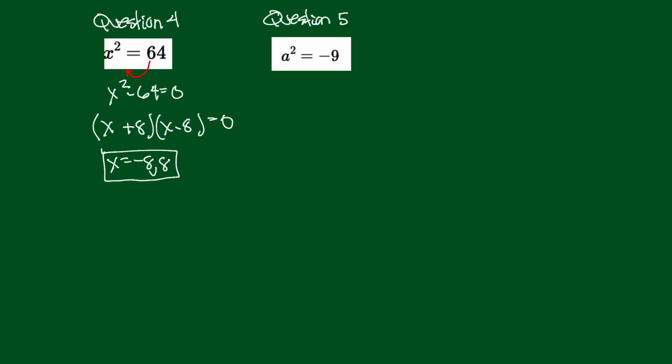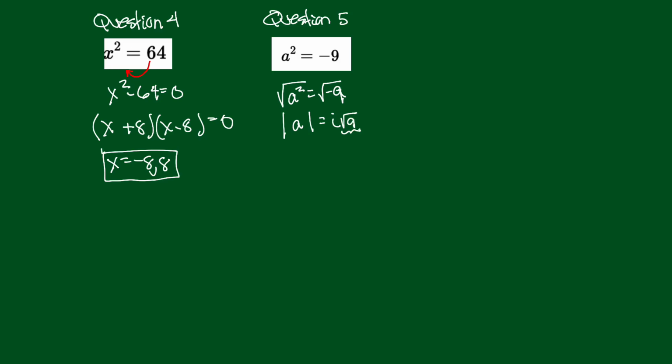Now question 5, I'm going to solve this by just taking square roots of both sides. I have a square on this side, a number on this side. Just take the square root of each side. I'll get square root of a squared equals square root of negative 9. Now on the left side, the square root of a squared is the absolute value of a. And on the right, you have a square root of a negative, so the first thing you do is take the i out.